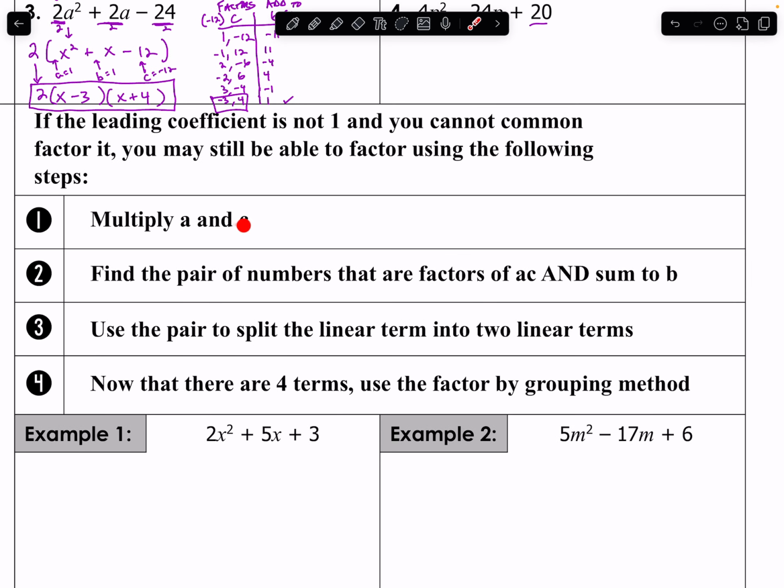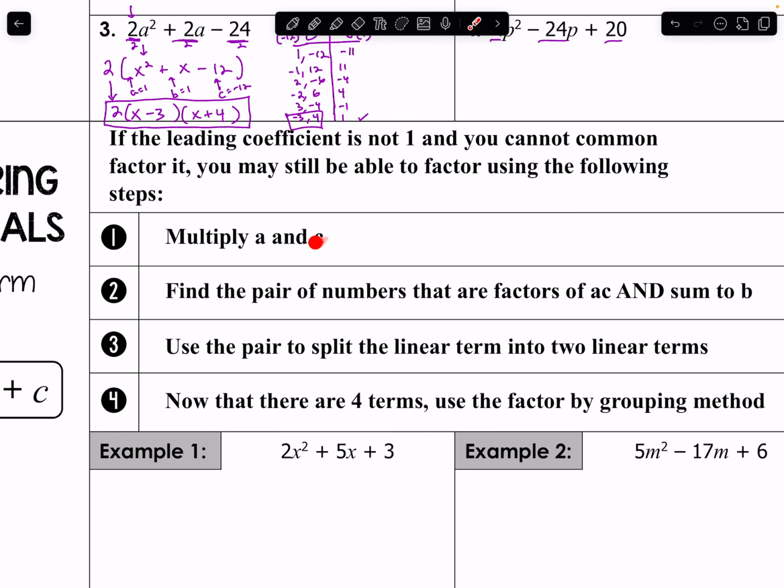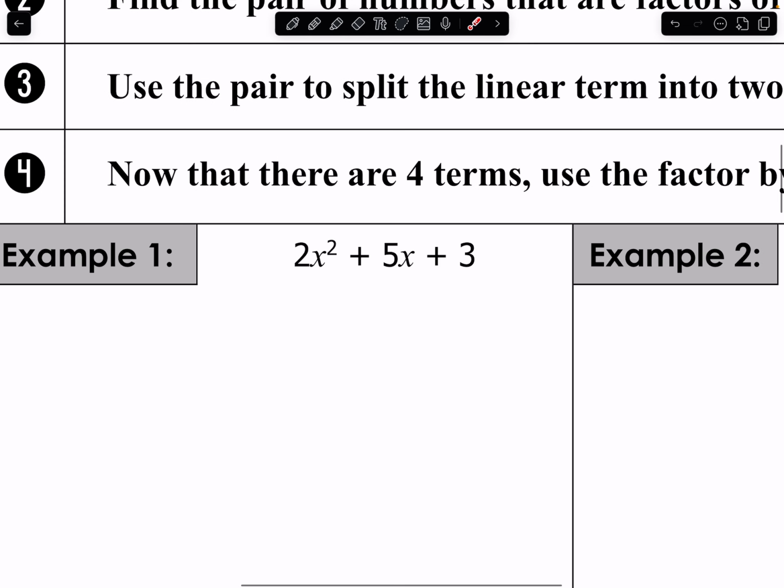Instead of just finding the factors of c, which is what we did up here, we're going to multiply a and c and look for factors of that number. So since a is no longer 1, you have to do 2 times 3. And when we make our list, we're going to do factors of a times c.